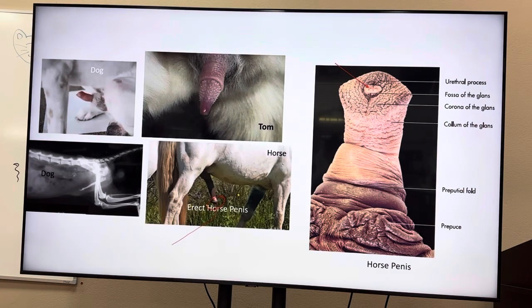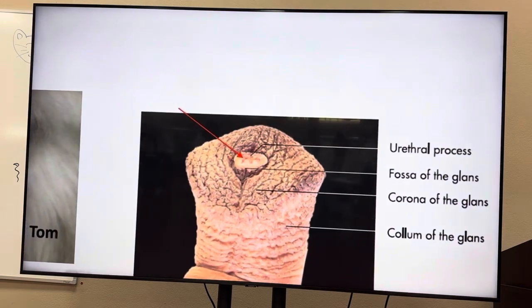Some anatomy literature call it mushroom-like. It has a mushroom-like urethral process. So what is this urethral process?